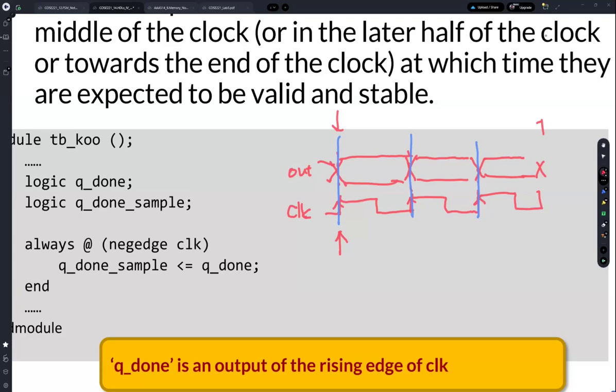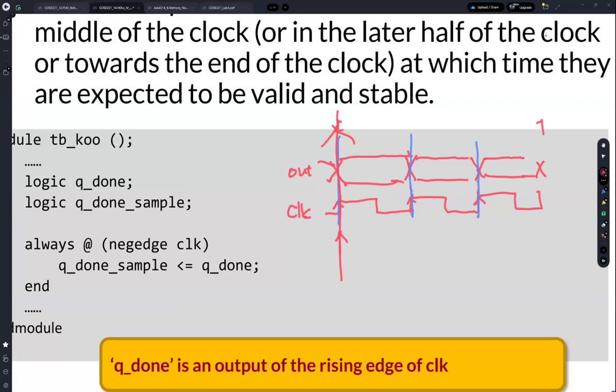If we just monitor the output values on the rising edge of a clock, we don't know the exact output values because the output will change on the rising edge of the clock. So we need to avoid this case.